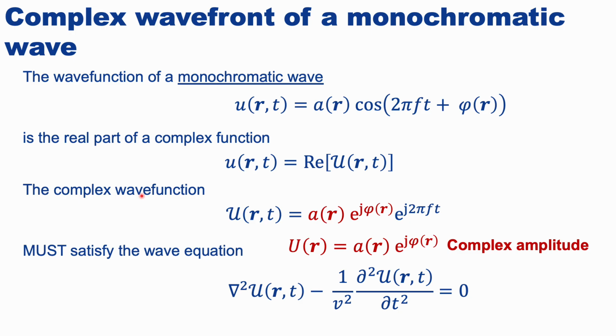So instead of our real wave function, we can define our complex wave function, where we assume our amplitude is also complex, and then the exponential is associated with the periodic change with respect to time. If our real wave function needs to satisfy the wave equation, then our complex wave function must also satisfy the wave equation, right?